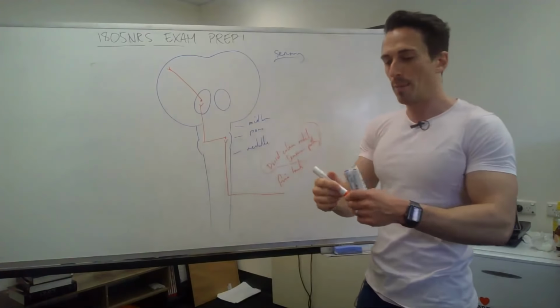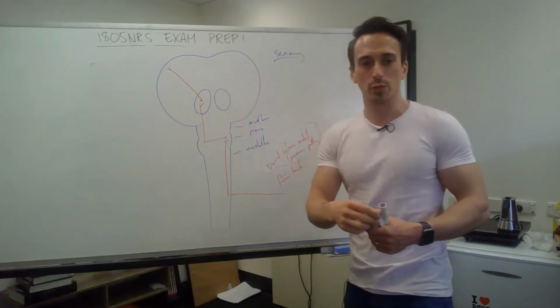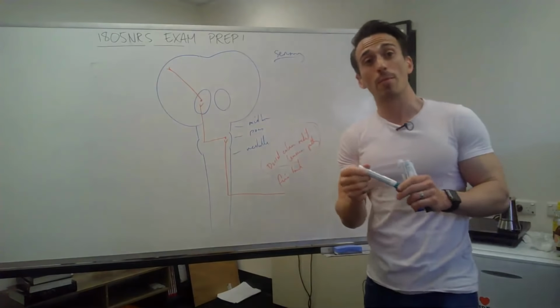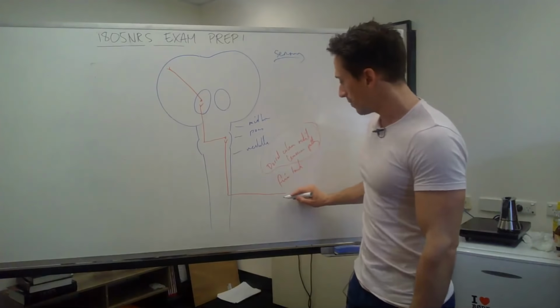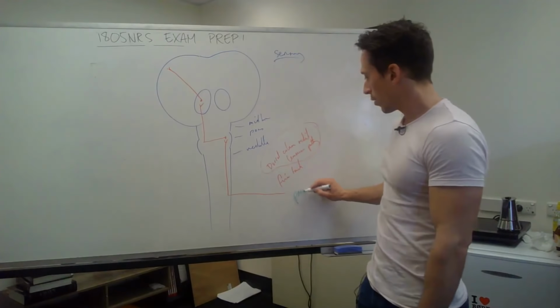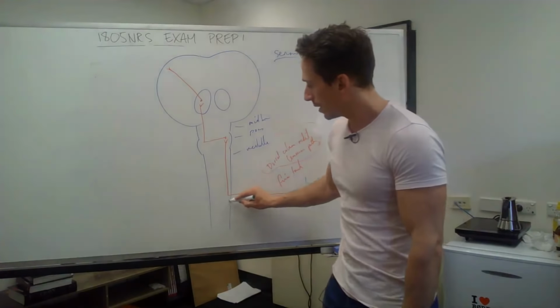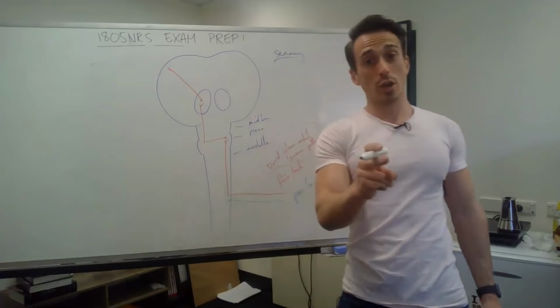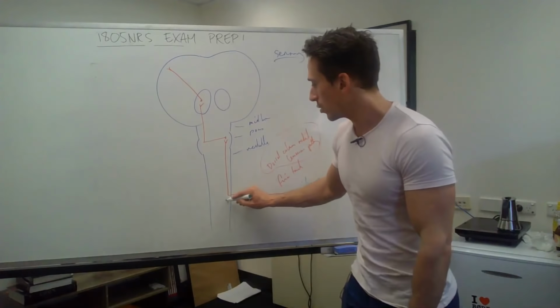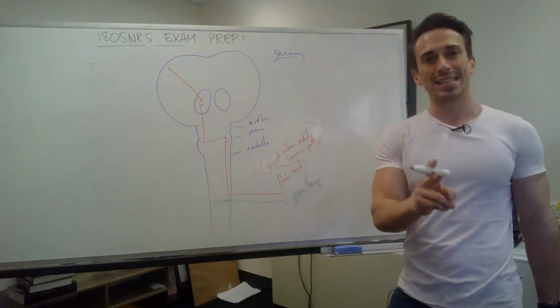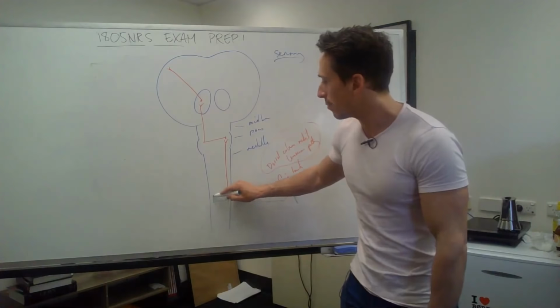Fine touch. What about pain? What if I had a painful stimulus that was coming from my hand as well? Well, it goes in. So this is now pain or temp. Pain or temperature, right? Goes in, synapses once it goes in with the second order neuron and crosses to the other side, decussation, crossing the other side, then goes up.